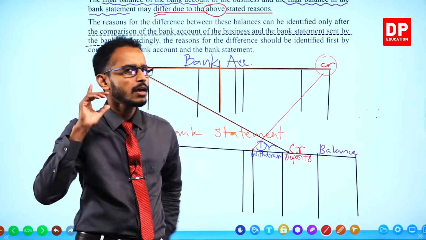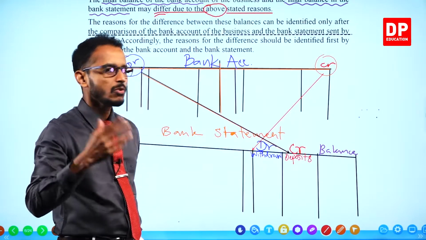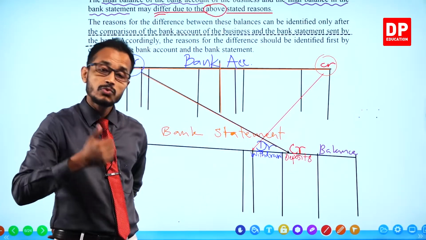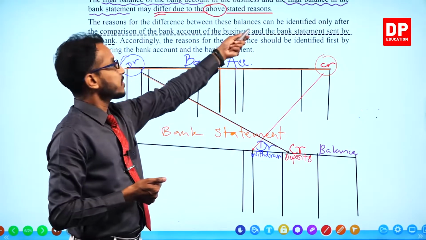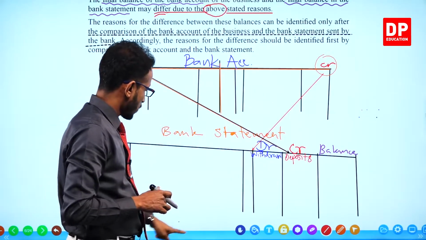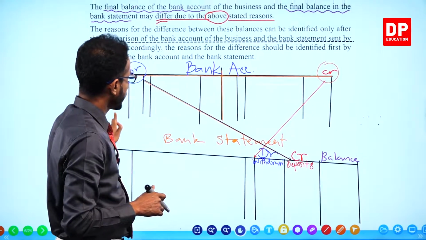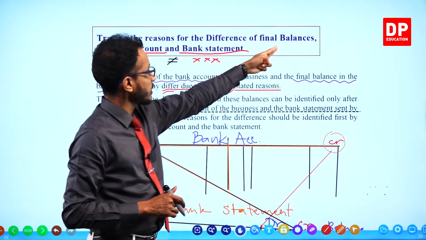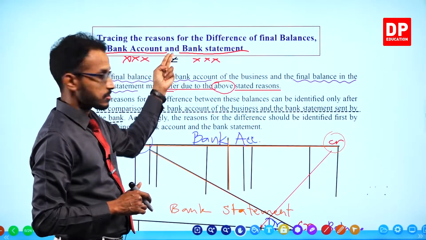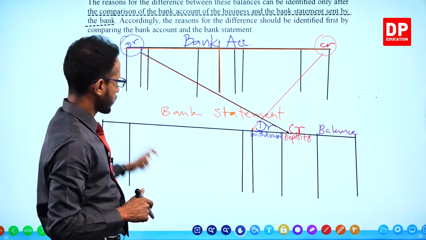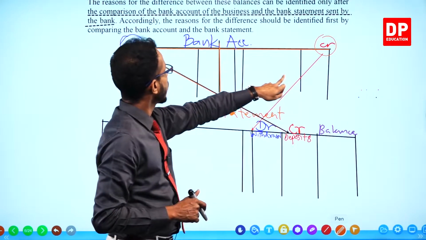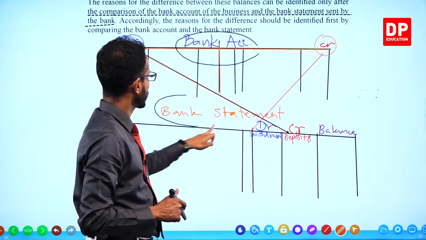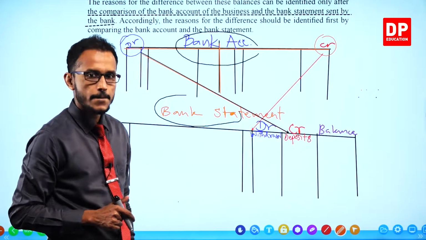Of course, we need to find the reasons for the differences. We need to find the reasons for the difference in the final balance of this and the final balance of this. Yeah? All right.